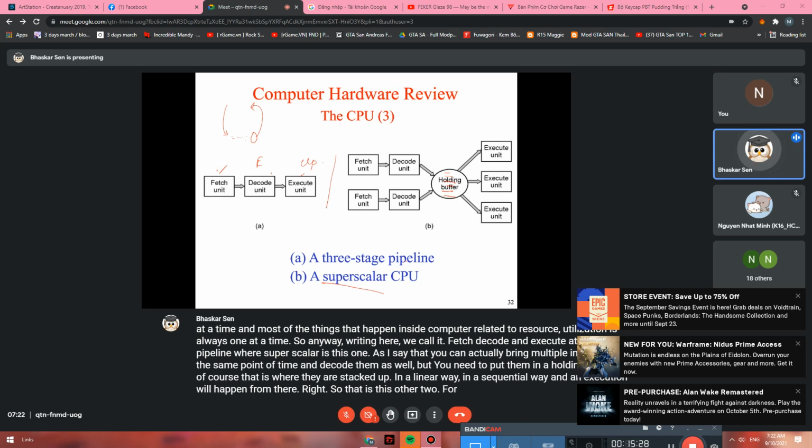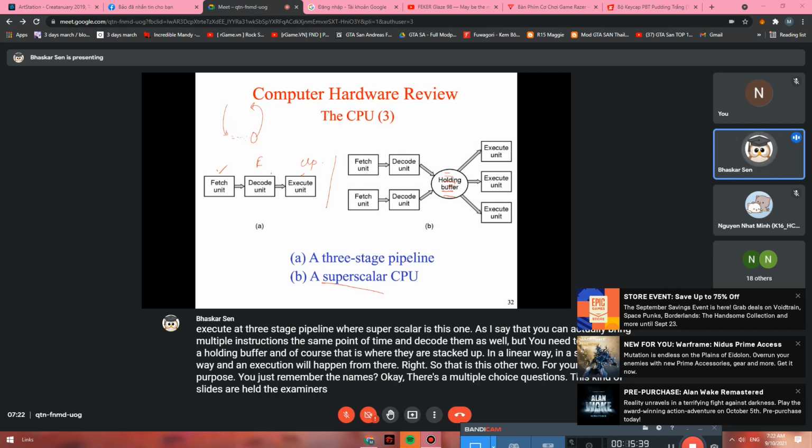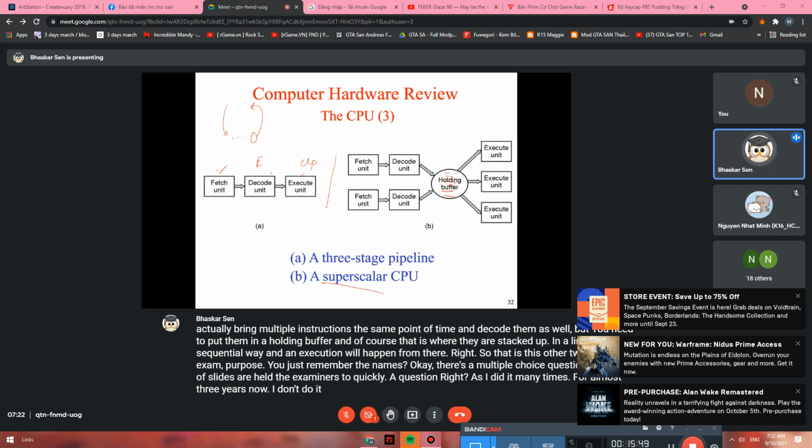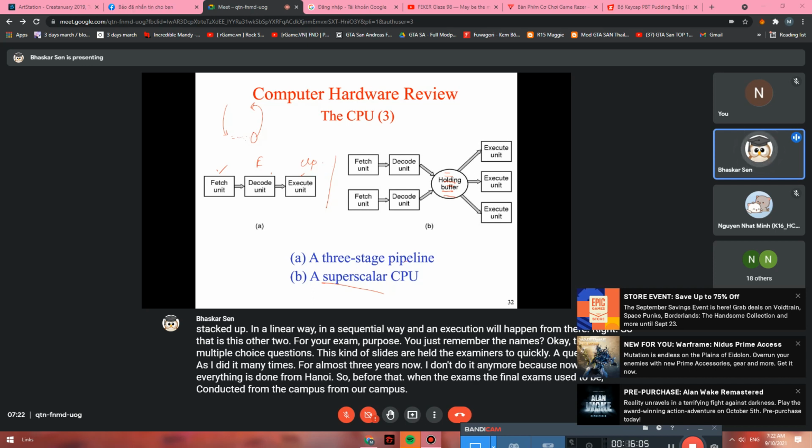For your exam purpose, you just remember the names. Because for multiple choice questions, these kinds of slides help the examiners to quickly write a question. I did it many times for almost 3 years. Now I don't do it anymore because everything is done from Hanoi. Before that, when the final exams used to be conducted from our campus, I did it for many years.